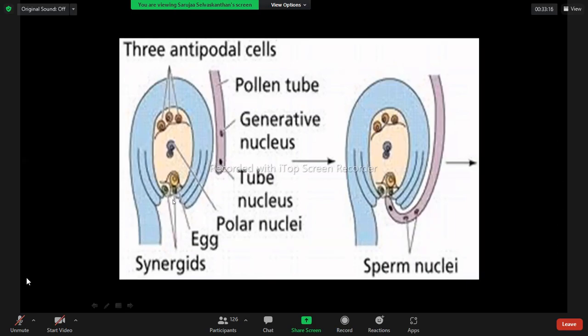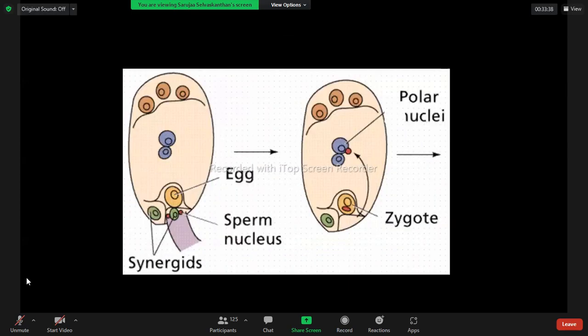The polar nuclei are there, egg cells are there, and the gametes fuse with each other, right? From that, the zygote and endosperm develop. The zygote ultimately develops into the embryo, and the endosperm also develops from that, right?